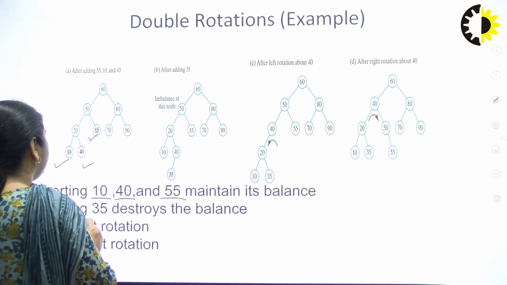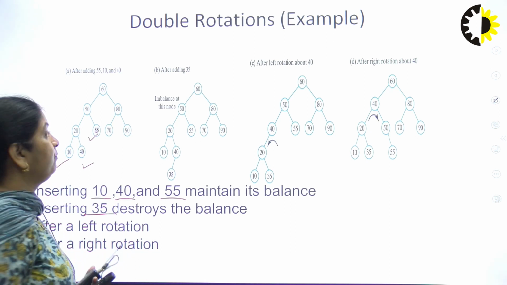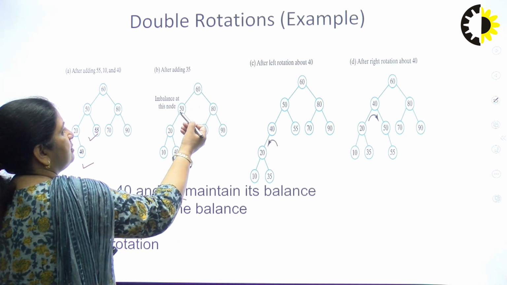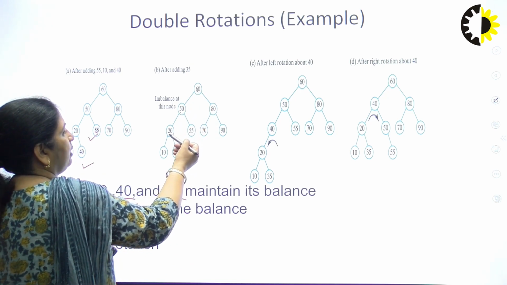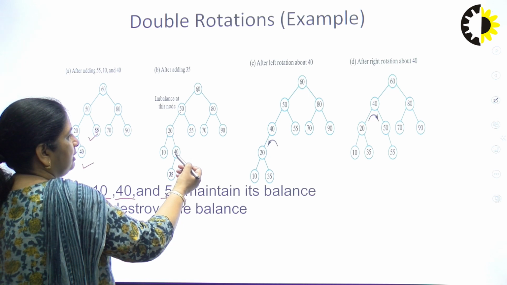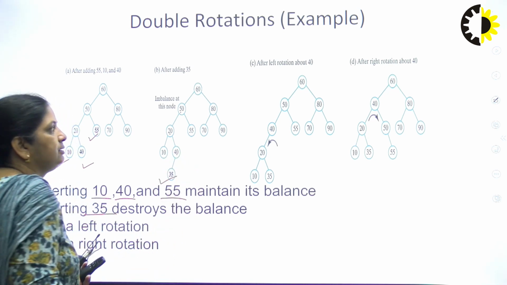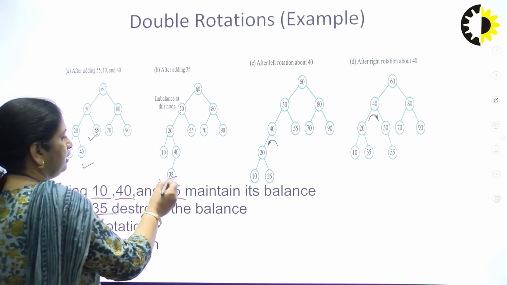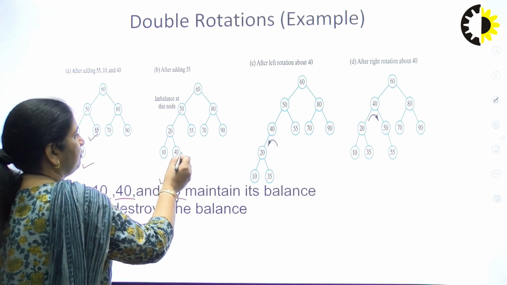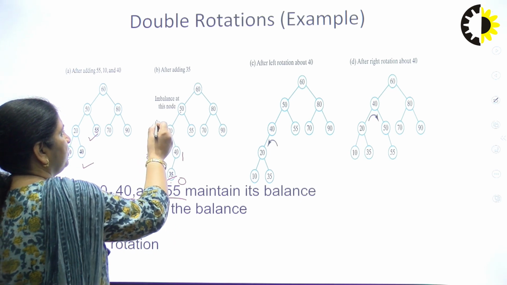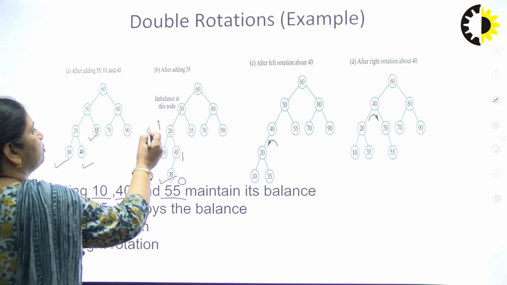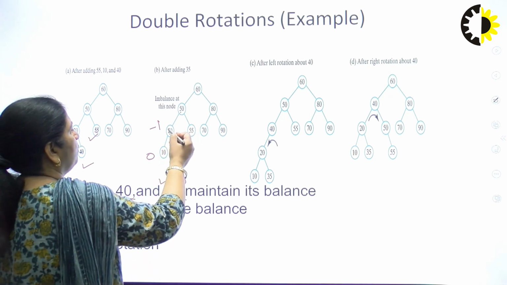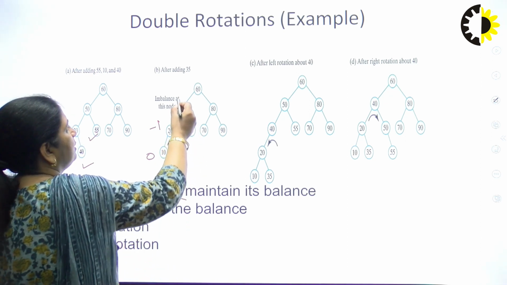Now what happened after 35? When we inserted 35, it is less than 60, less than 50, greater than 20, less than 40, so it is inserted here. So what happened at this point? It is 0, the balance factor is 1, 0, 1, sorry, minus 1, 1 minus 2 minus 1, and this one is 1, 2, 3 minus 1, that is 2.